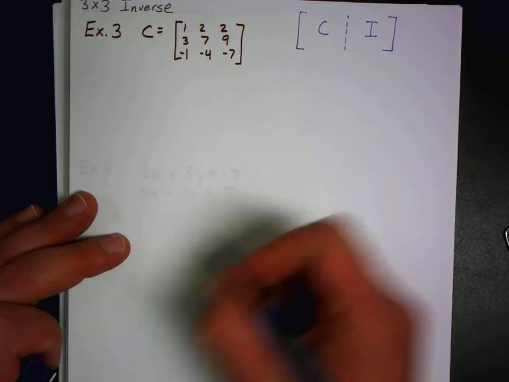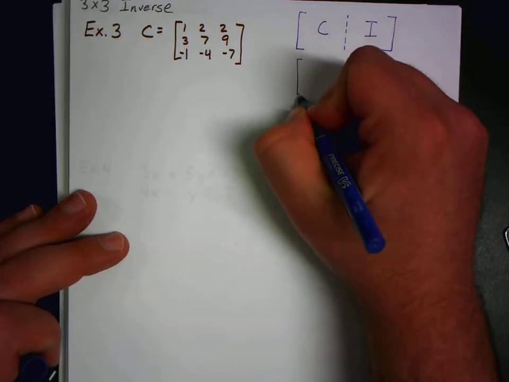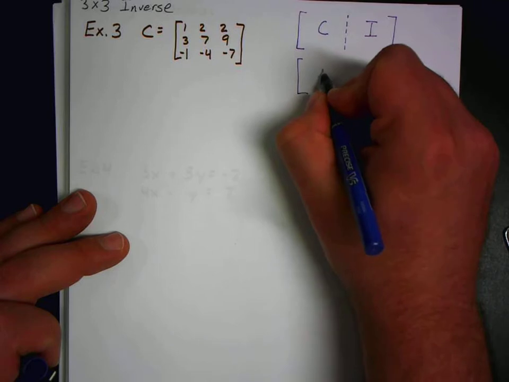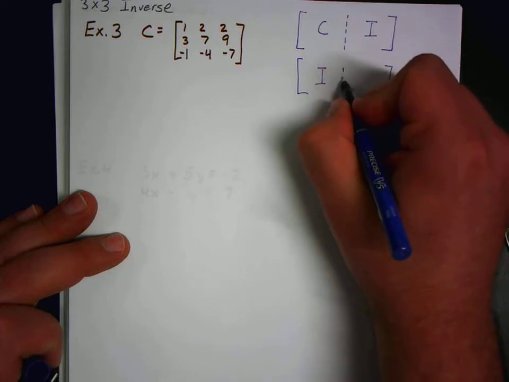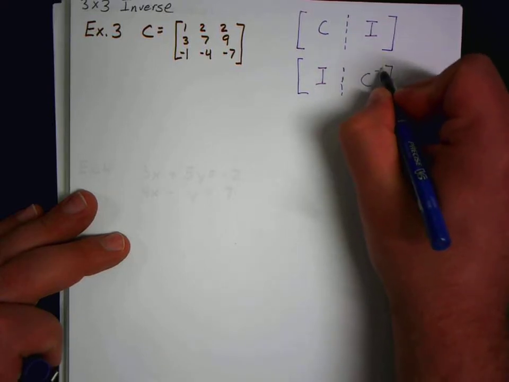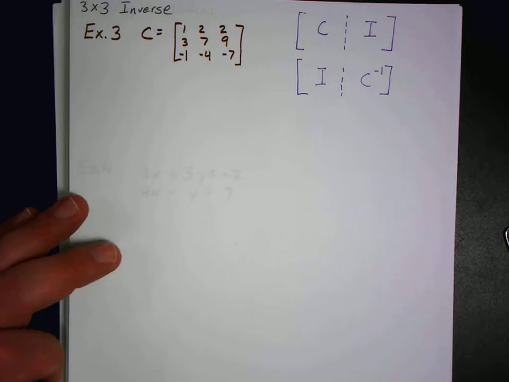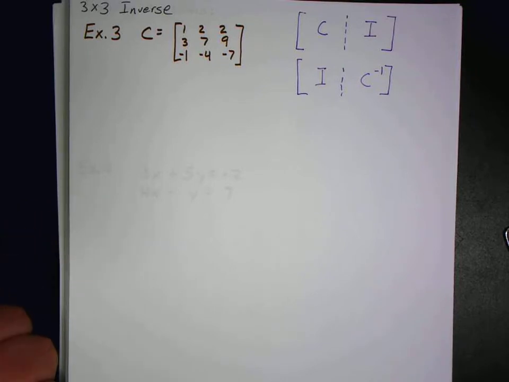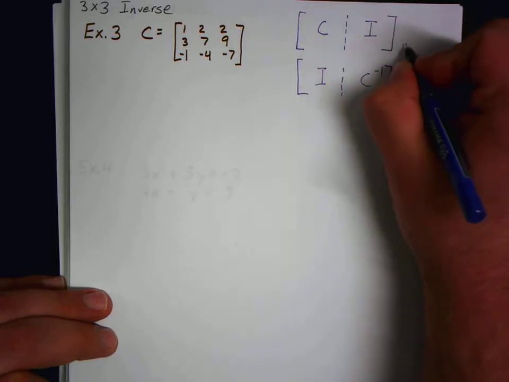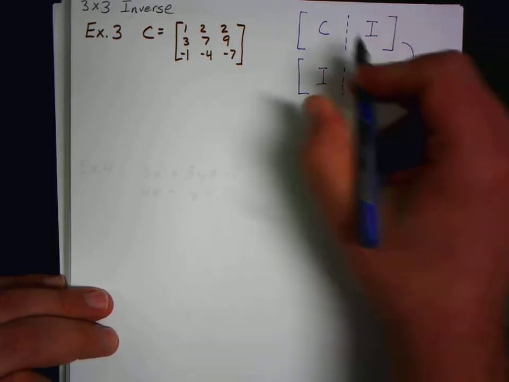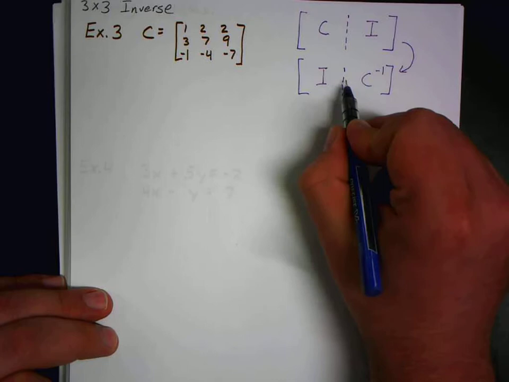Through row operations, we are going to change the left-hand side into the identity matrix. After we have done that, the right-hand side will be the inverse of C. So we are going to use row operations to change this matrix into this matrix.